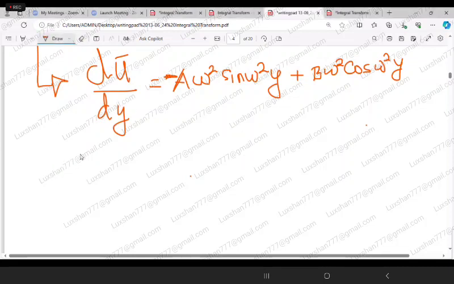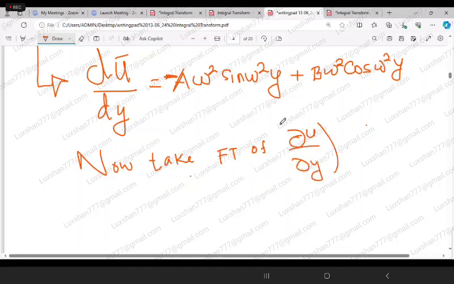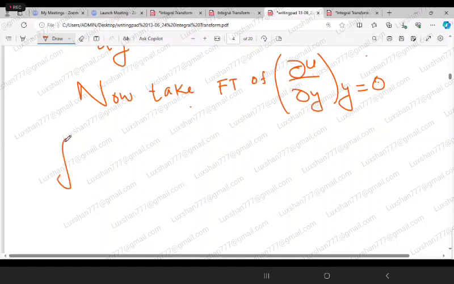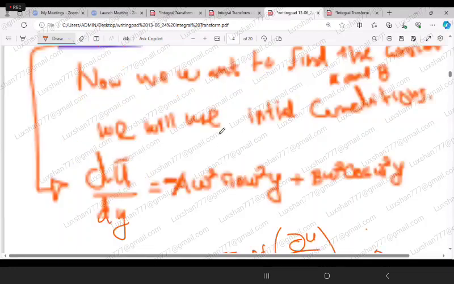Now take the Fourier transform of ∂u bar over ∂y when y equals 0, because I'm going to use this condition.